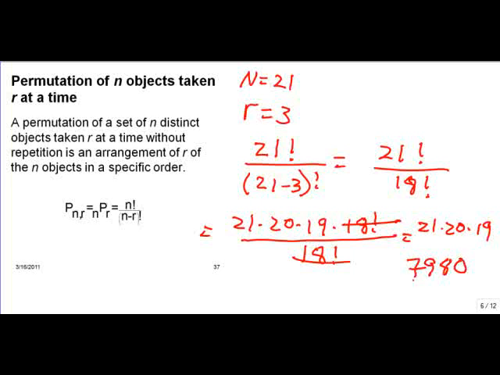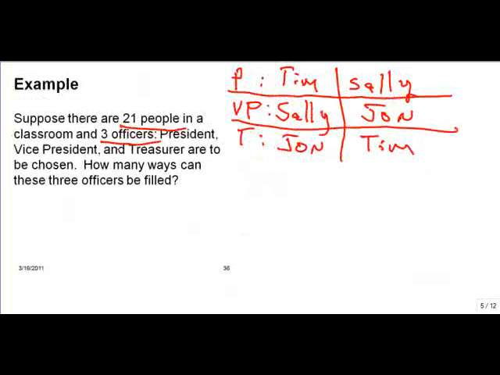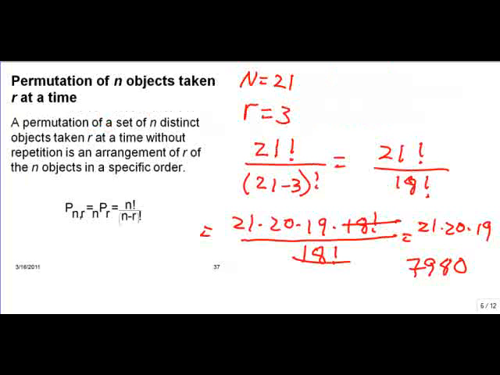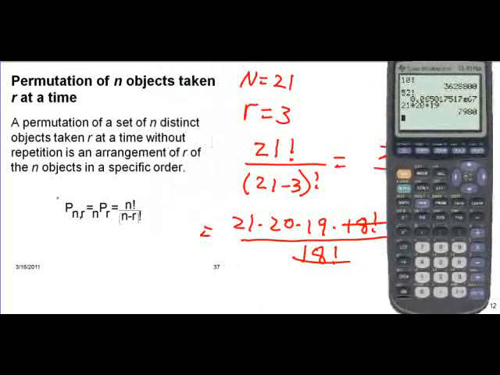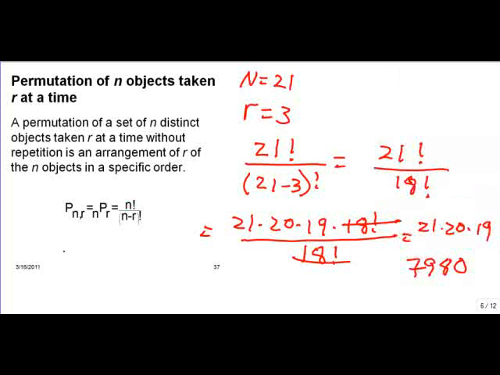So this is the number of ways that I can fill a president, a vice president, and a treasurer back here out of 21 people. The calculator also has a built-in routine to compute this formula here, 21P3.